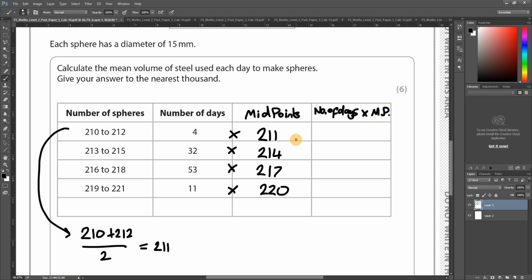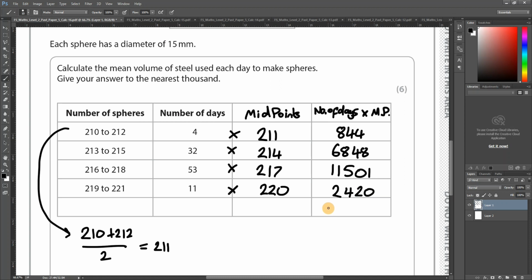So 4 times 211 is 844. 32 times 214 is 6848. 53 times 217 is 11501. And 11 times 220 is 2420. I'm going to need the total of this fourth column.